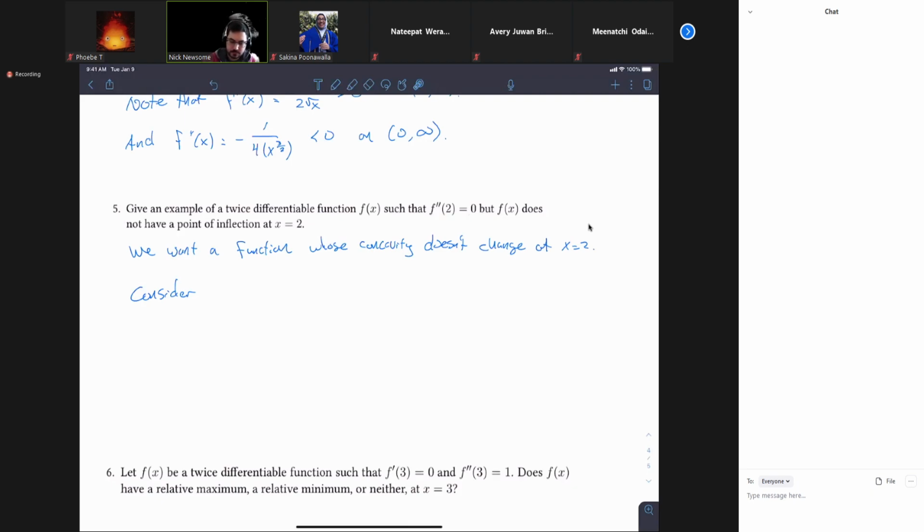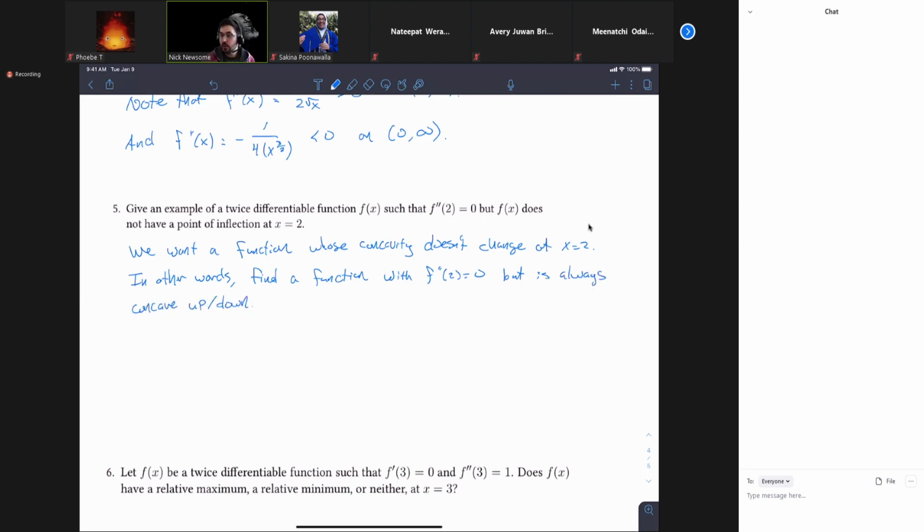So maybe I'll write that down. So find a function where the second derivative at 2 is 0, but is always concave up or down.